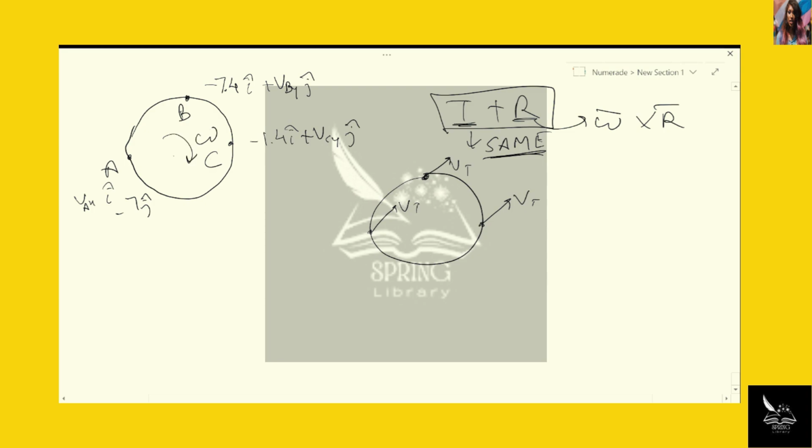We assumed that omega was going into the page. If a circle is rotating like this, the velocities are always tangential, and this direction can be figured out by assuming a particular direction of rotation. So if the direction of rotation is like this, you can easily see that all these omega r, the rotational velocities, will be pointing like this.